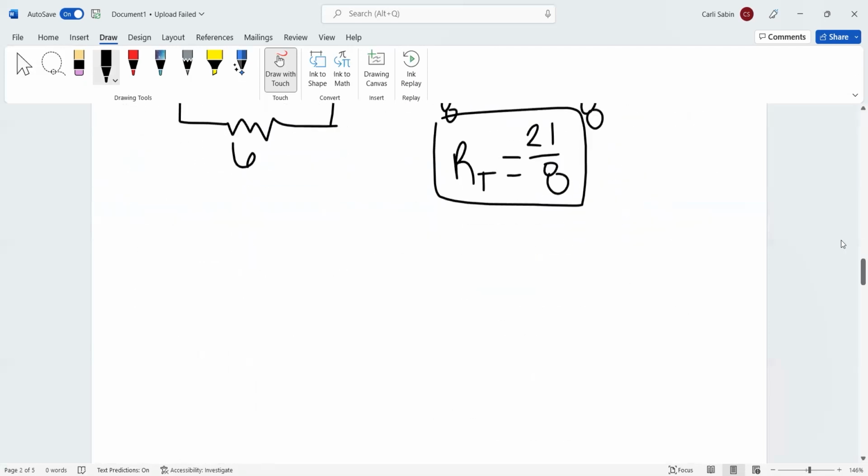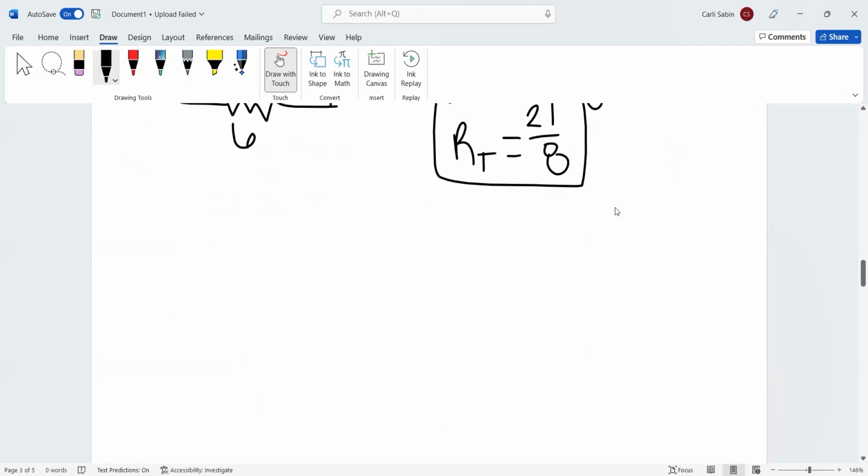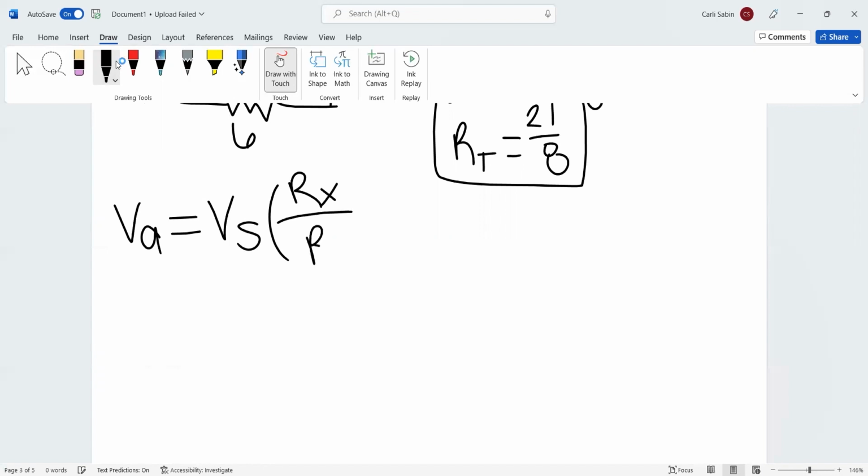Now, what we're going to do is take the voltage divider formula, which is going to be Vx, or I guess we'll do VA. That's what we're trying to find, right? So we're going to have VA equals VS times R of X over RT.